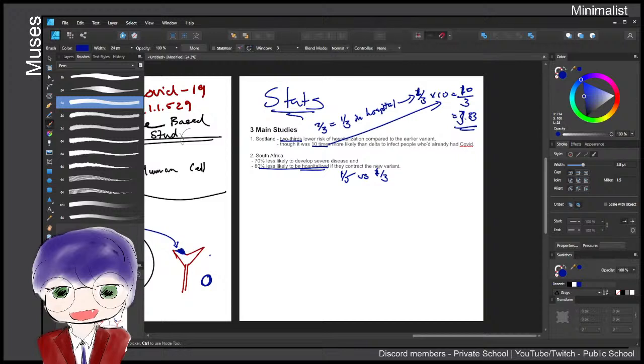Why is it different? So a lot of things: demographics, diet, physical health. Remember, these are Scottish people, right? And so, on average, Scottish people are older, fatter, and more sedentary than South Africans. And what are the 3 main comorbid factors, right? 1 is age for COVID-19. 2 is weight.